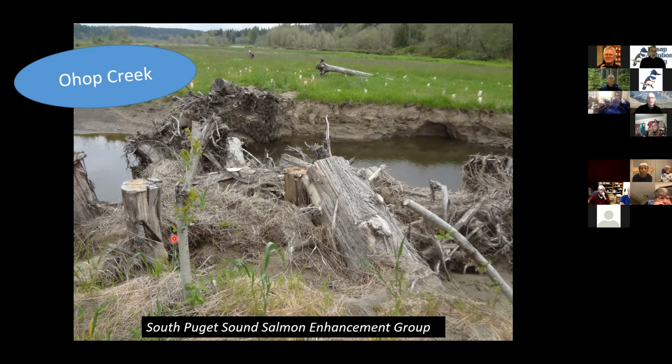So what the tribe did, the Nisqually tribe, and with its partners, they raised a ton of money. And in the early 2000s, they basically reworked Ohop Creek to reinstall the historic meanders so that the creek is no longer straight and fast flowing. The creek meanders through this Ohop Valley now, and they have installed log jams, as you see here in the foreground, to slow the water down.